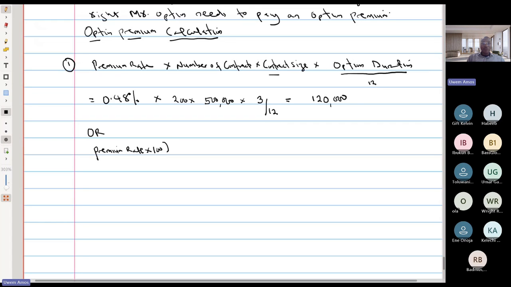We're multiplying by 100 because we're interested in the premium rate in basis points. So whatever the premium rate is, multiplied by 100, we multiply it by our number of contracts.